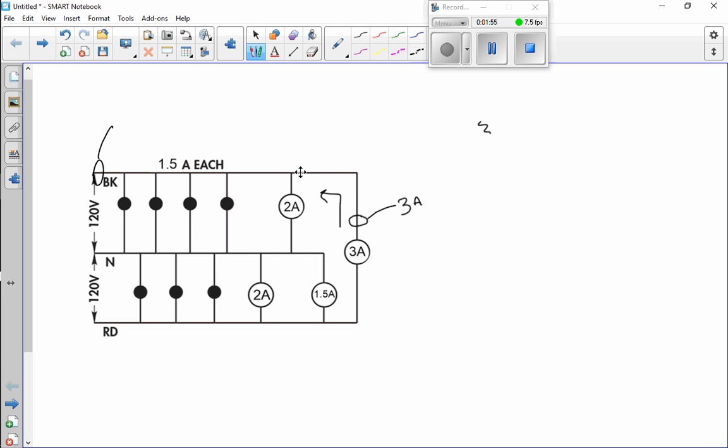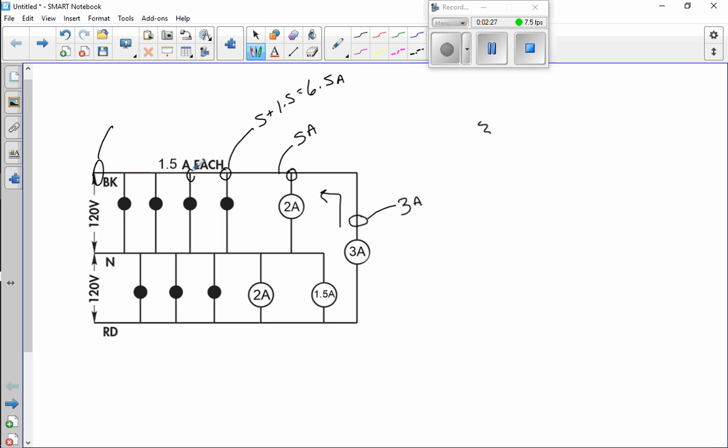Now once that comes to this junction right here, I've got 3 amps from this load and then 2 amps here, so those two values add up, giving you 5 amps at this location. Continuing on over, I'm going to have at this junction another 1.5 amps added onto it, so that's 5 plus 1.5, which is 6.5.